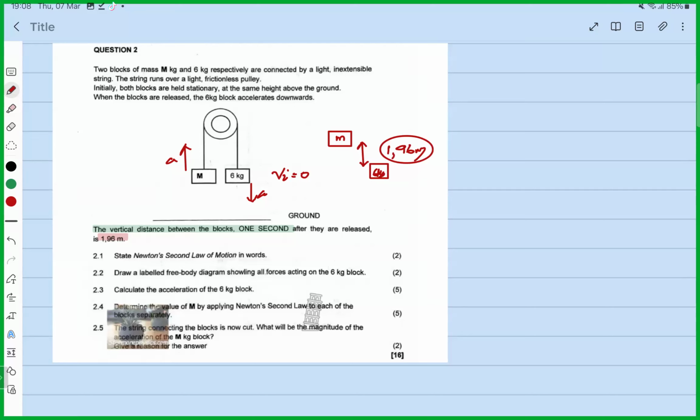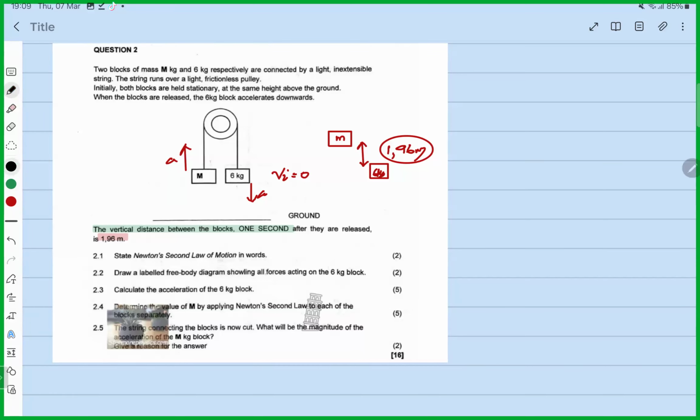And how did you get that, sir? Since M and the 6 kg started on the same level, when M moves up and the 6 accelerates downwards, they move with the same acceleration. So the distance of 1.96 divided by 2 would give us 0.98. Very good.